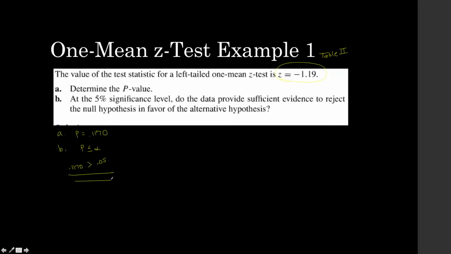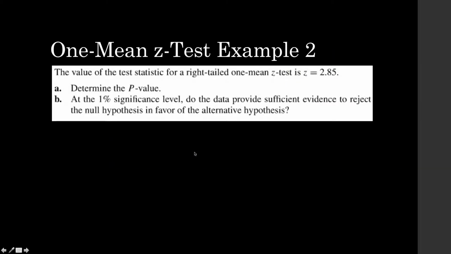So it's greater than the significance level. So we do not reject the null. So basically what we're saying here is at the 5% significance level, the data does not provide sufficient evidence to reject the null. All right, let's try another one.